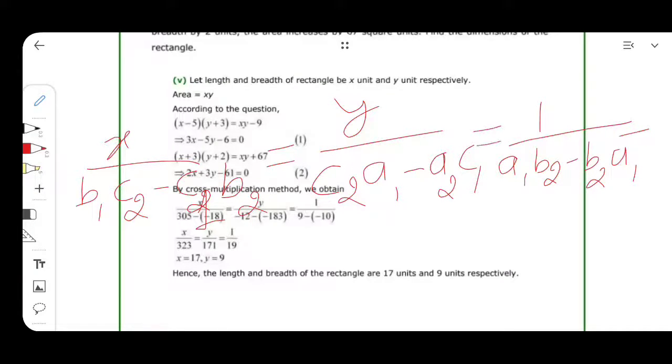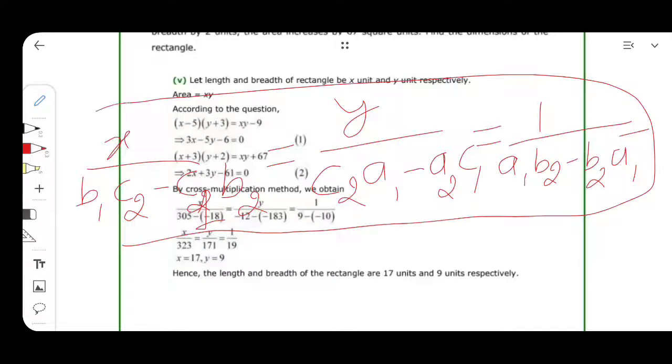This is the formula of cross multiplication. Now using this formula, we will get the values of x and y.